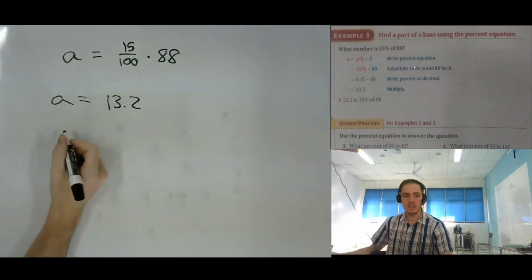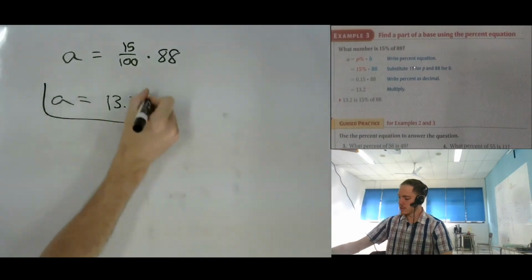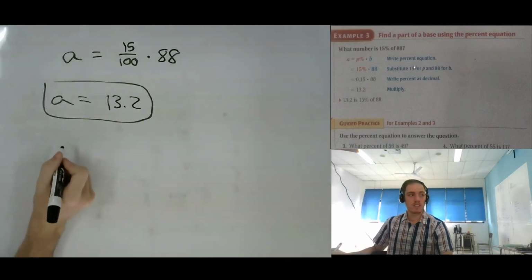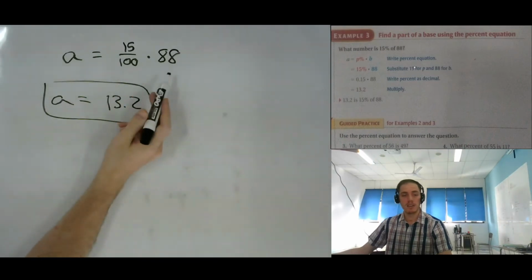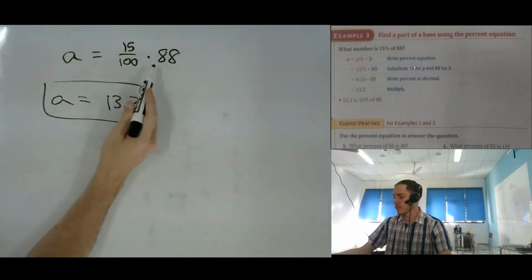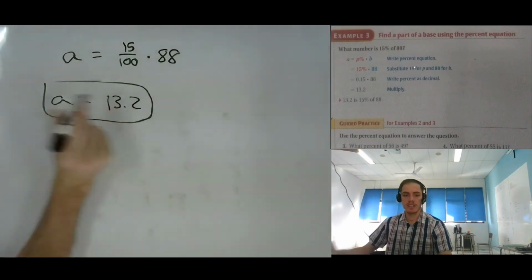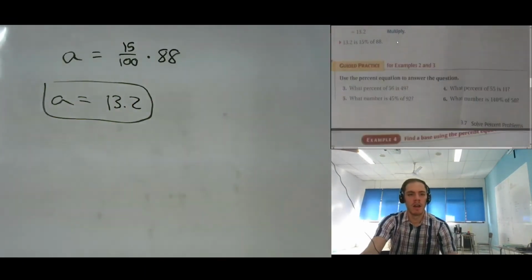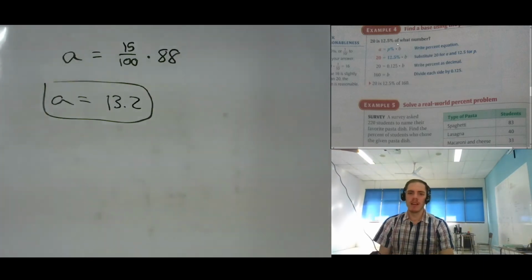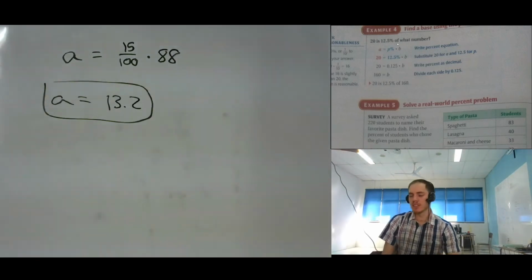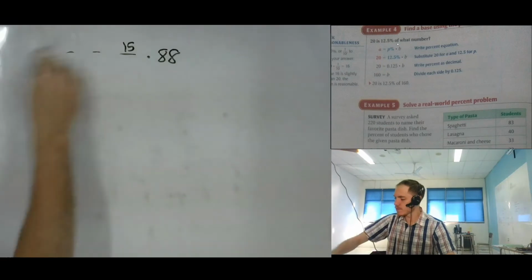So A equals 13.2. There's your answer right there. Okay, so this is one where you just multiply this out if you want. It's going to be pretty straightforward. I don't know why we're just doing this section, but we are.